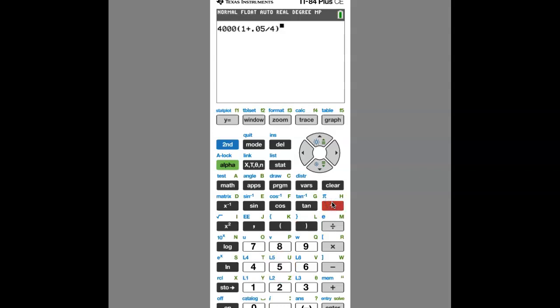And our power, we want to have 4 times 16. So again, some of you might need to use parentheses around that power to keep you up in that position. All right, so we will have about $8,800 to spend on our first car. $8,858.13 to be specific.